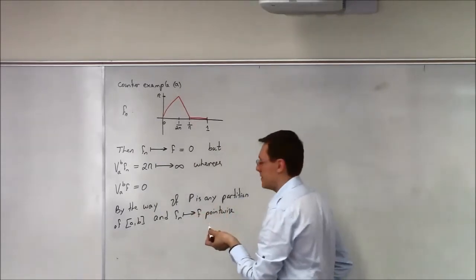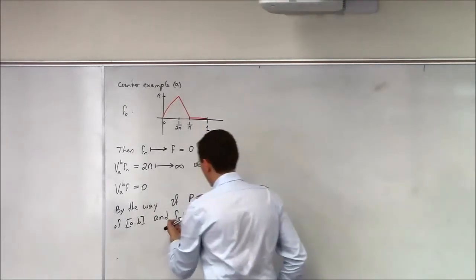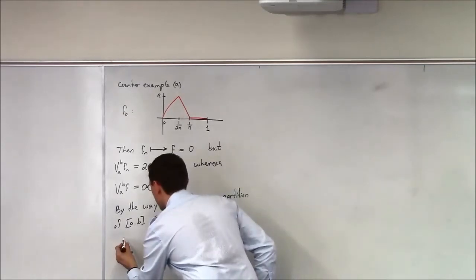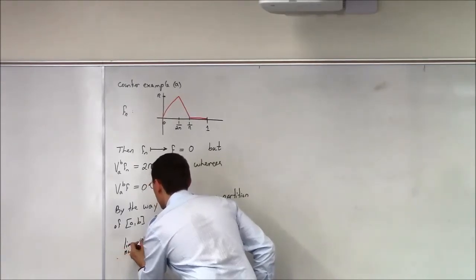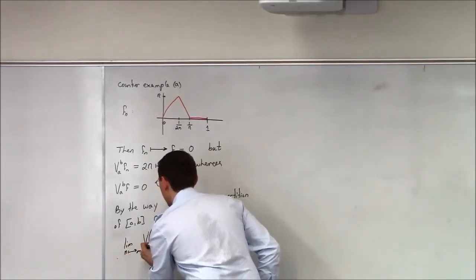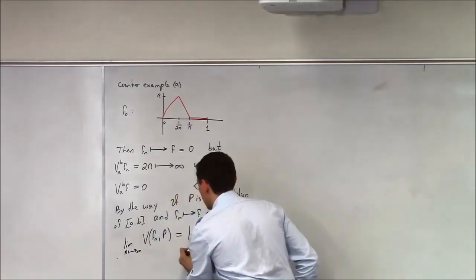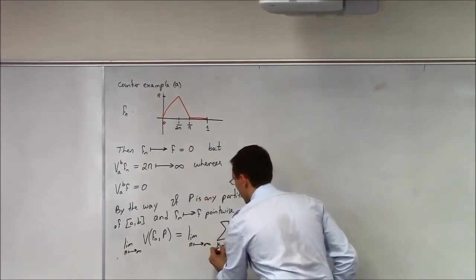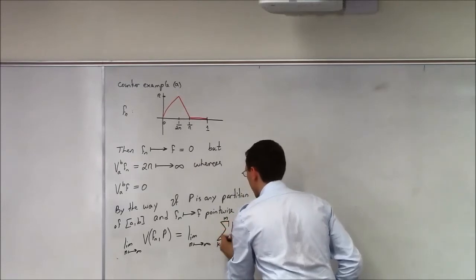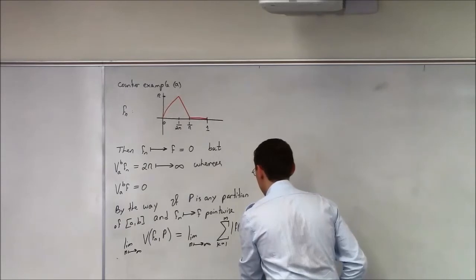That's why it's very tempting to say, at least it was tempting for me to say yes. I didn't think about it more. Fn goes to f pointwise. So what you have is the limit as n goes to infinity of V of Fn, P. That's just the limit as n goes to infinity of some sum of the form k equals 1 to some m of f(tk) minus f(tk minus 1).